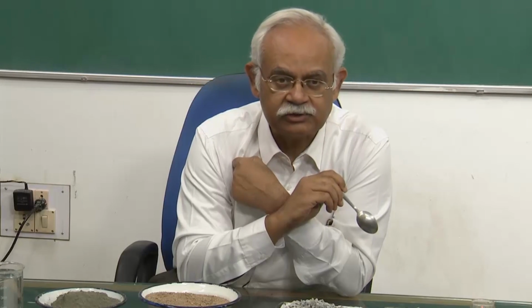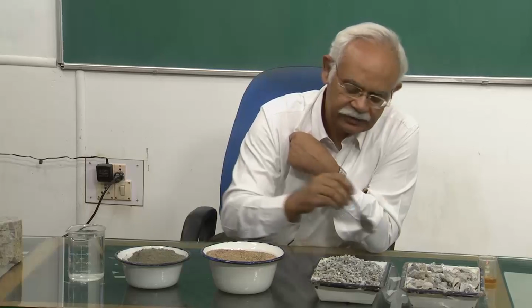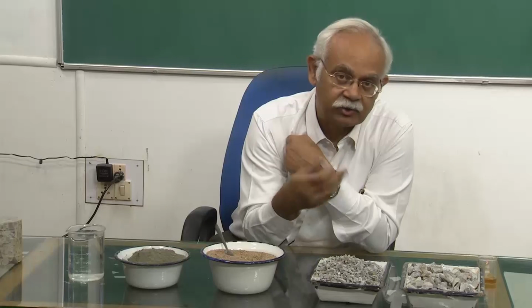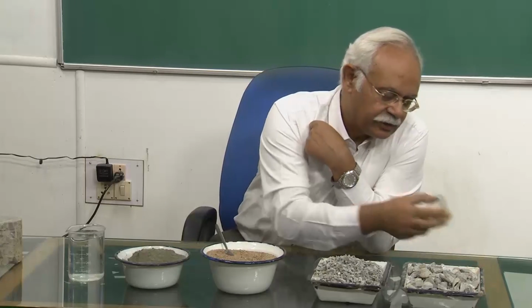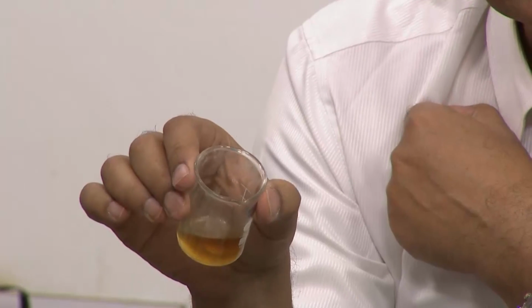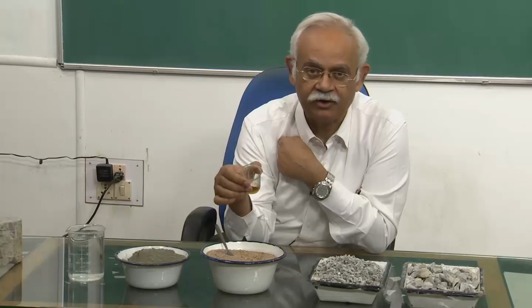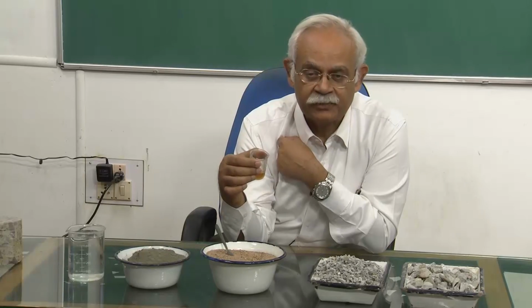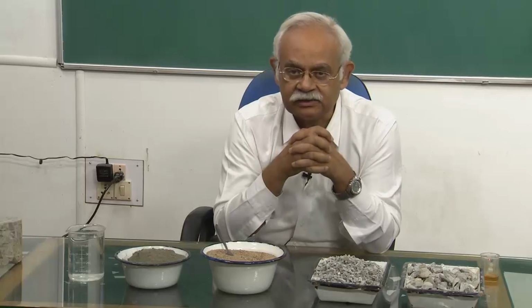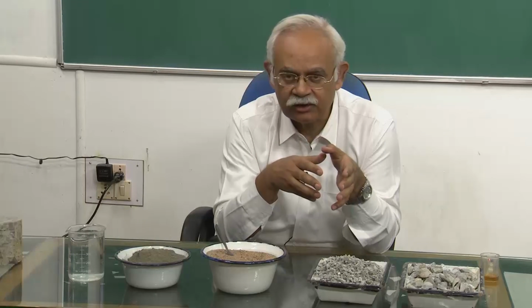We sometimes also use coarse aggregate drawn from rivers, which will not necessarily be so sharp at the edges; they will be rounded coarse aggregate. Here is an example of a chemical admixture. You can imagine that this is a chemical added to the concrete to modify its properties. Now let us start the process of mixing these ingredients to get paste first, then mortar, and then concrete.